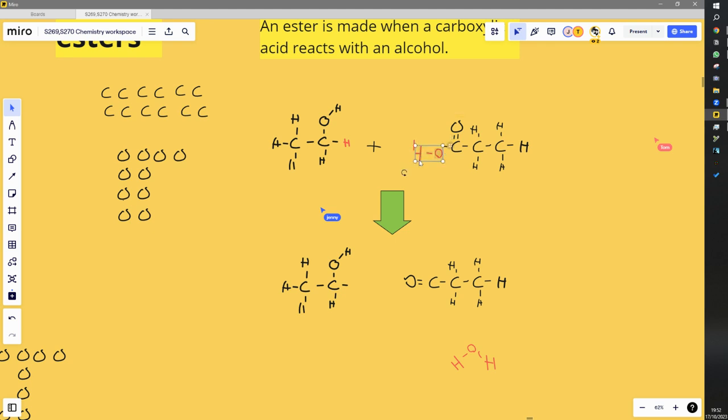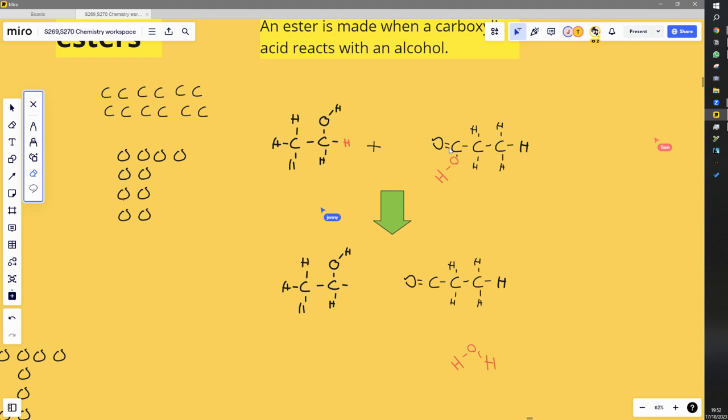We'll move this over to here, like that. It's still a carboxylic acid. Okay. And we'll move the oxygen over there. And then we just need to draw a bond to connect those two.